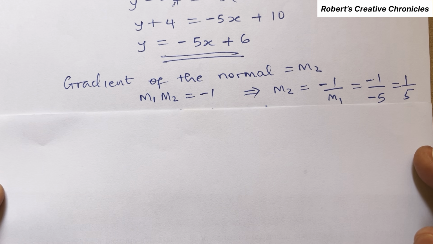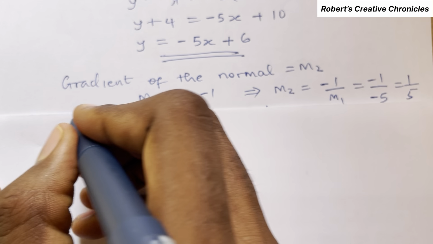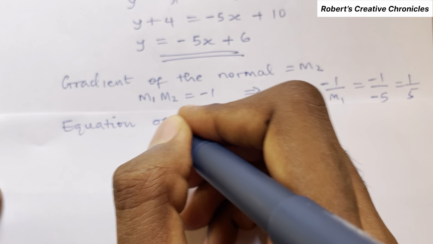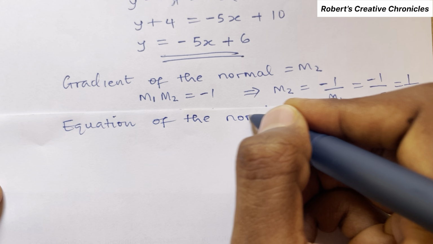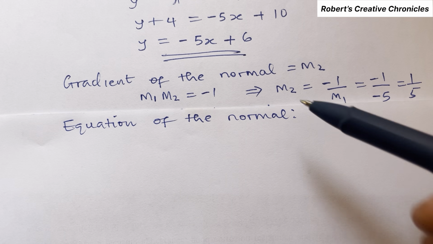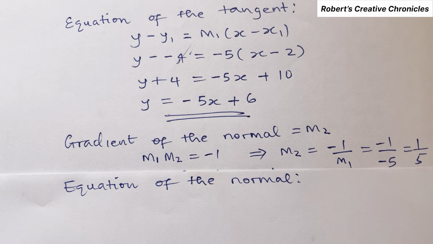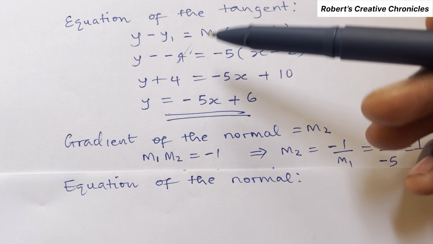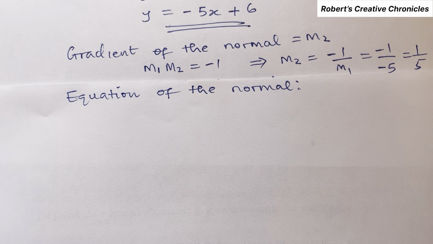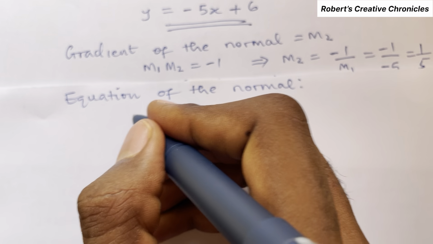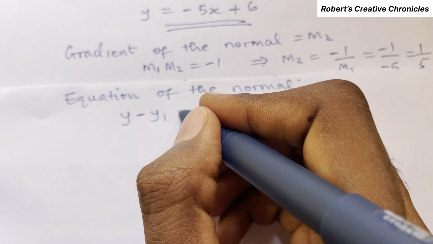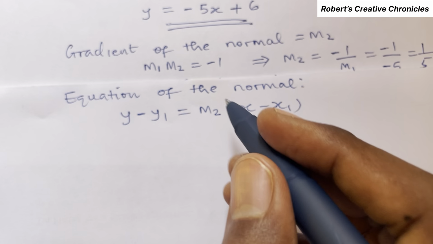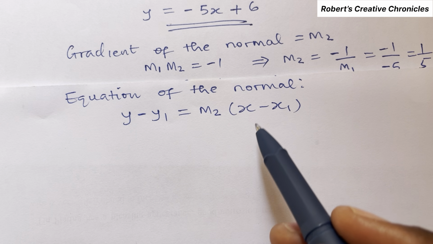So now we'll find the equation of the normal. Using the same equation that we used before, but now instead of m1, we're going to change this m1 to m2. So it will be y minus y1 equals to m2 (x minus x1). So now we'll substitute y1, m2 and x1 here.